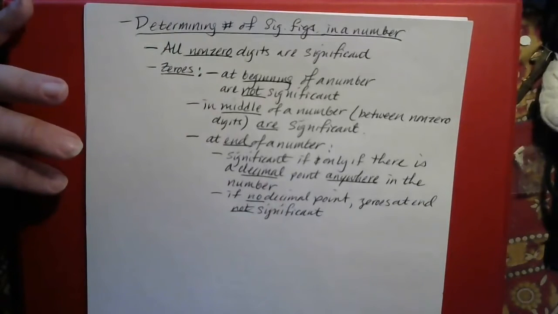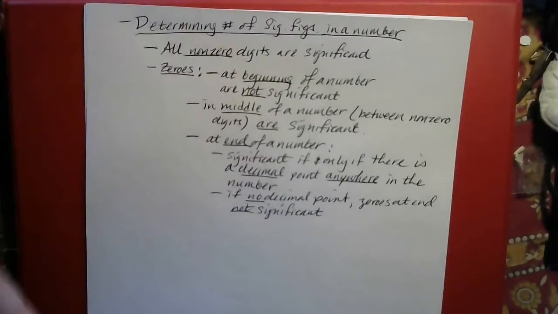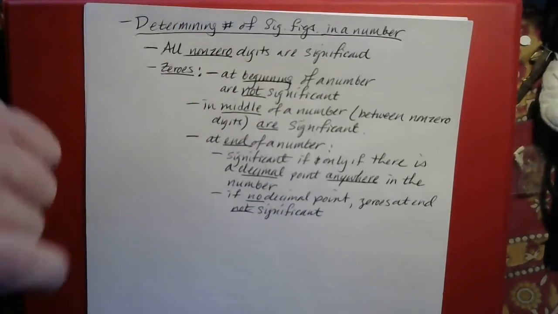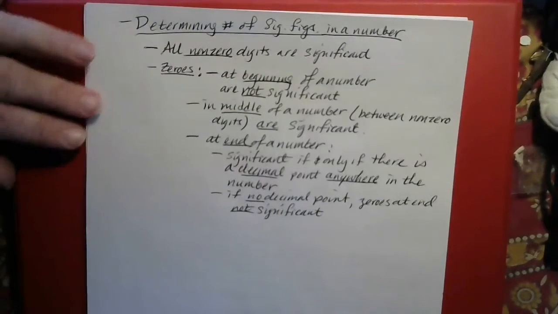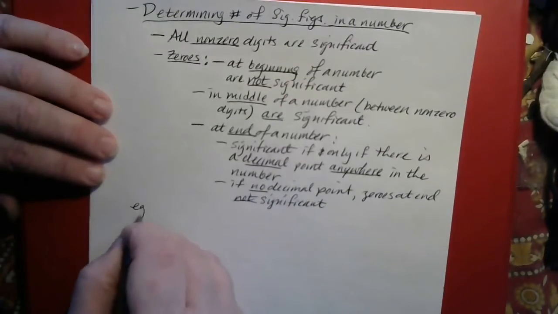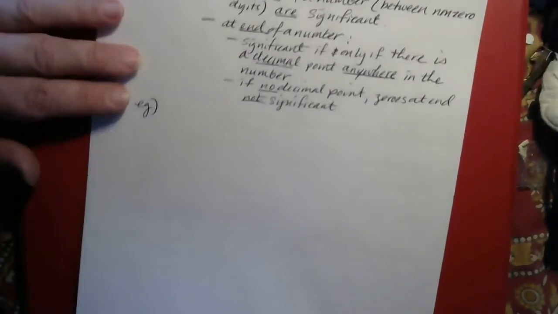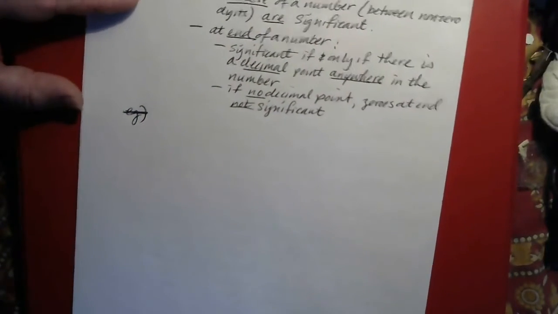So to summarize what I said here, zeros at the beginning of a number, not significant. In the middle of a number, significant. At the end of a number, significant if there's a decimal point, otherwise not significant.